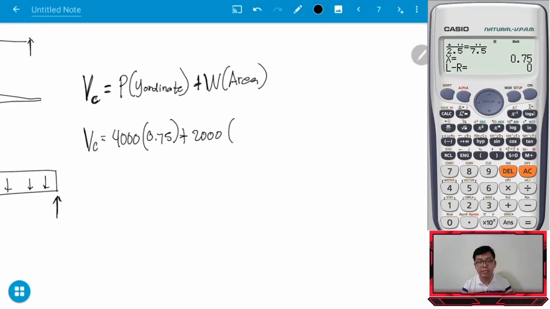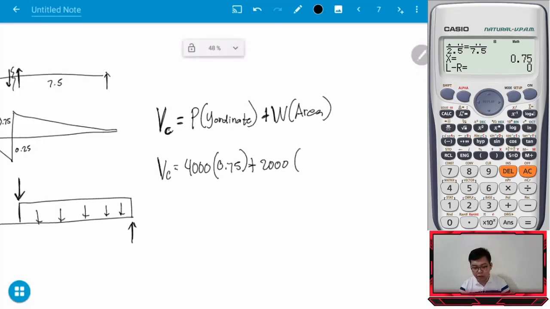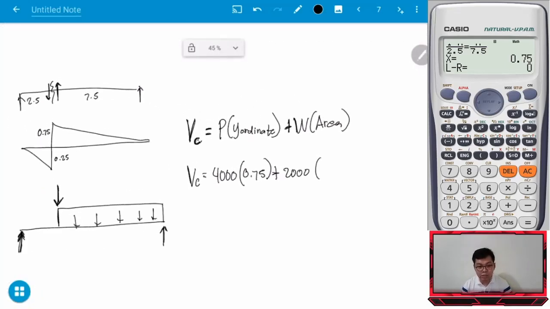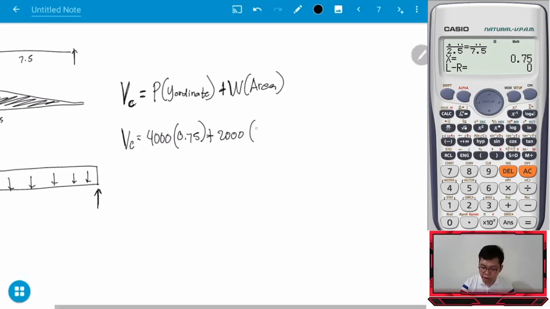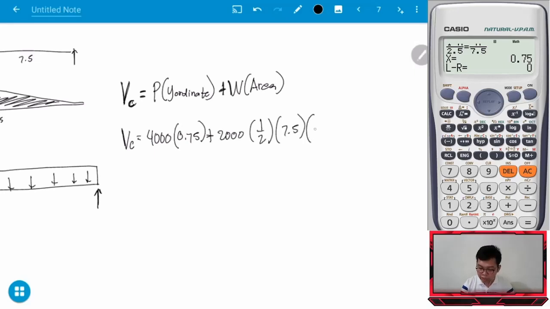Ano yung area, guys, ng diagram natin? Okay? So, the area of our diagram is the area of a triangle. By the way, guys, we are interested lang sa positive shear. So, positive areas lang ang i-consider mo. So, positive 1/2. Ano yung base natin? 7.5, no? Ang height natin is actually 0.75. Okay?